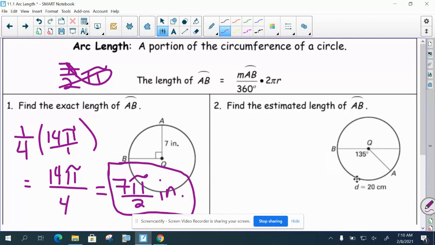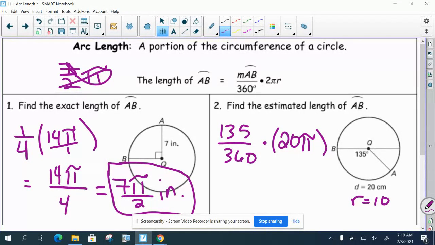Okay, here, AB has an arc length of 135, so 135 over 360, and then times, it says the diameter is 20, so that means the radius is 10, so 10 times 2 would be 20 pi.